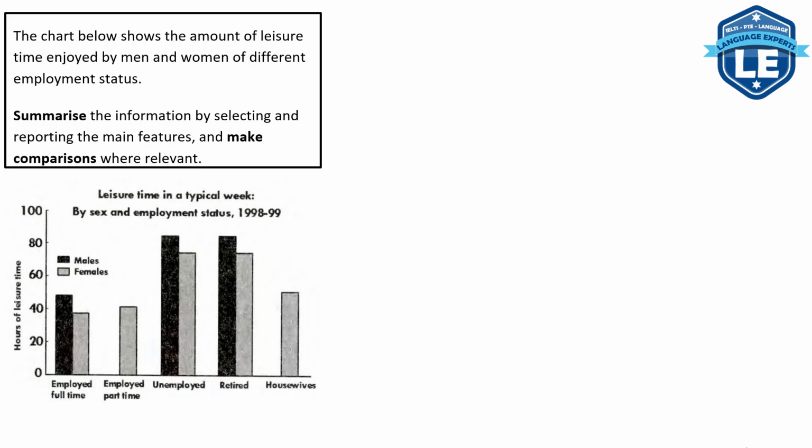The information on the chart is leisure time in a typical week by sex and employment status 1998 to 1999, and on the left we have hours of leisure time from 0 till 100, and we have the bars, black for males, gray for females, and the categories are employed full-time, employed part-time, unemployed, retired, and housewives.